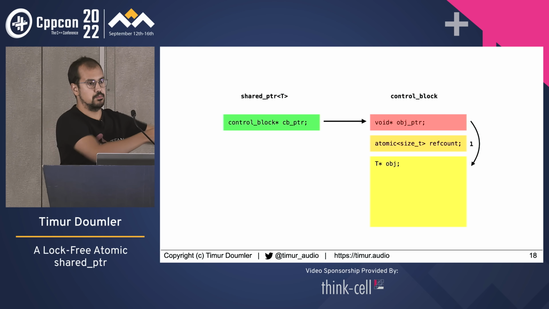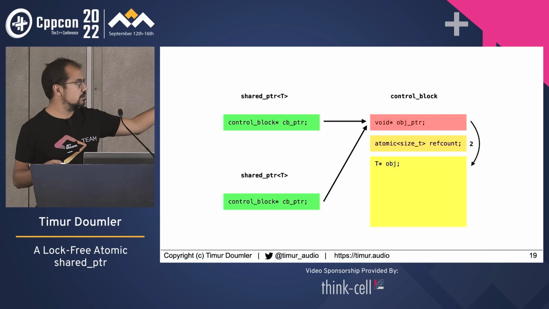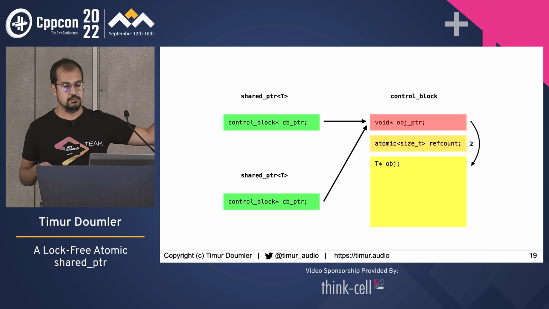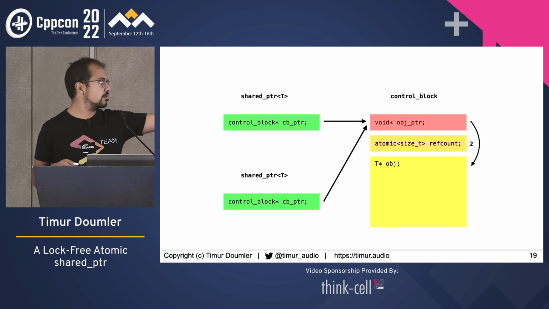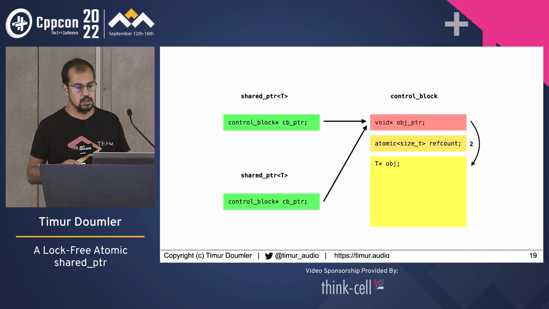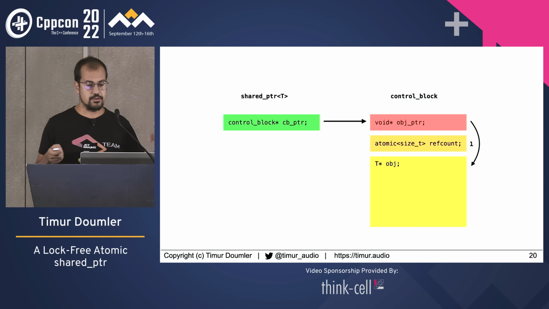And then what you can do is, for example, copy the shared pointer, and then you're going to have a second shared pointer pointing to the same control block. And when you create the second shared pointer, you're going to increment the ref count. Okay? So now the ref count, which is in the control block, is 2 because you have 2 shared pointers pointing to it. If then the second shared pointer gets destroyed, the ref count goes back to 1.